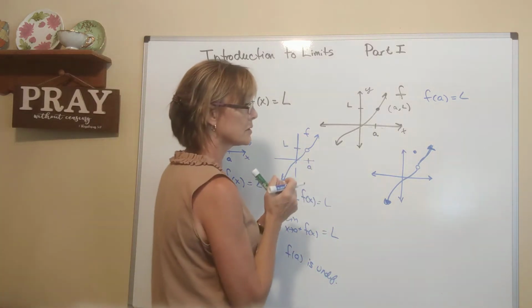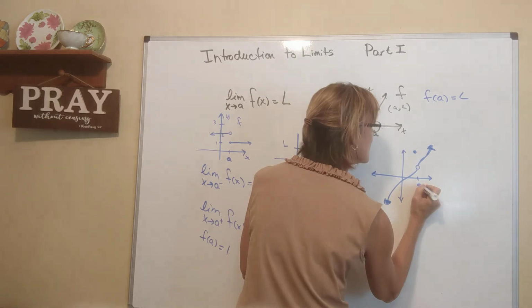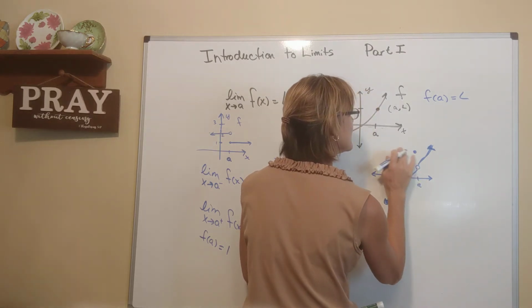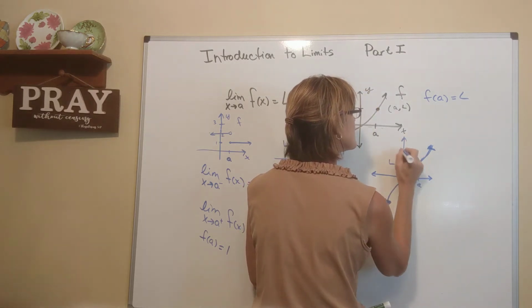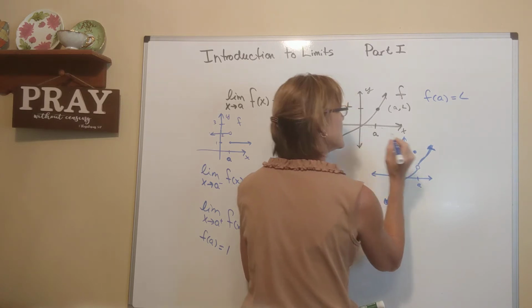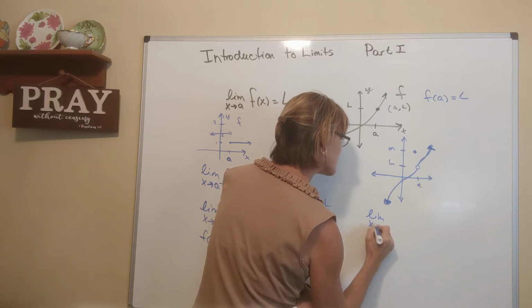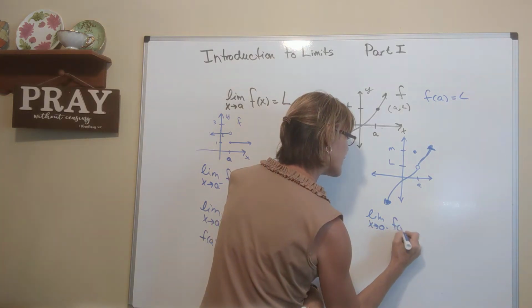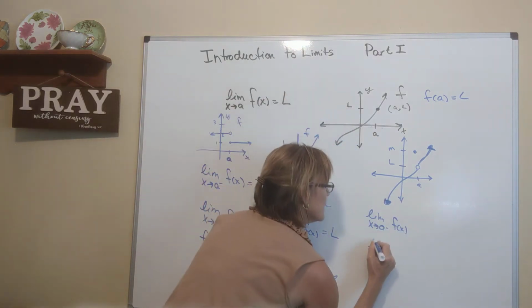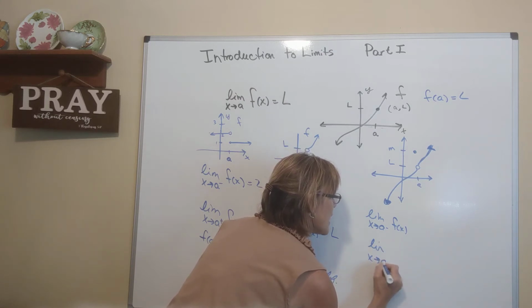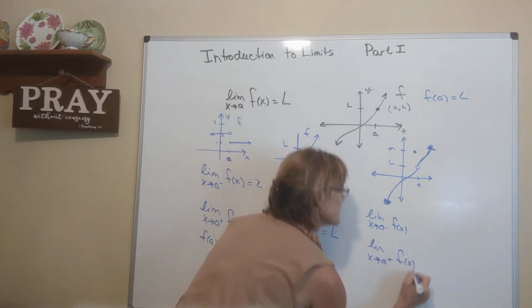Okay, over here, let's see what's going on. If this is a, and this is L, let's call this some other value up here. Let's call this M. All right, the limit as x approaches a from the left of f of x, and the limit as x approaches a from the right of f of x.